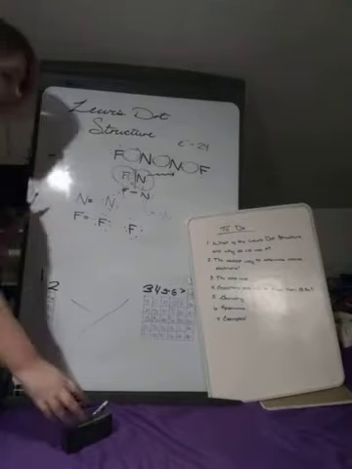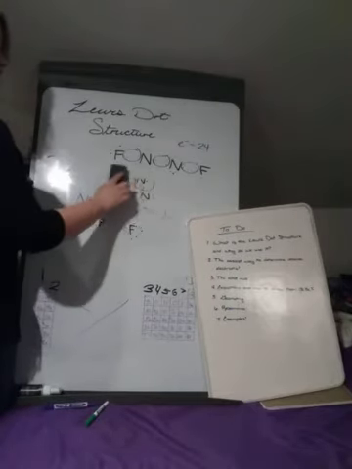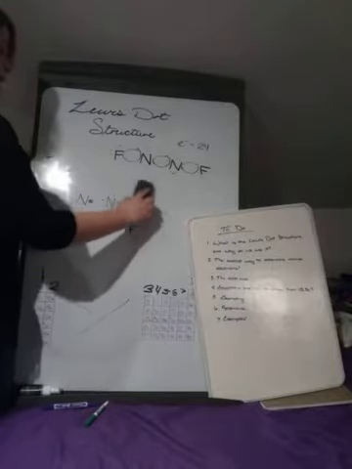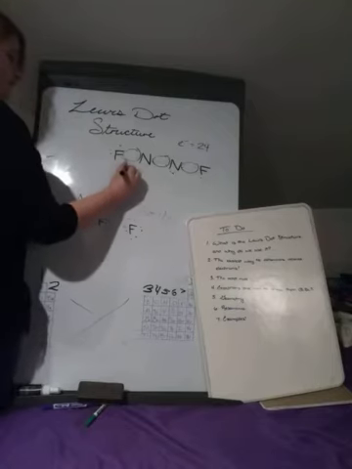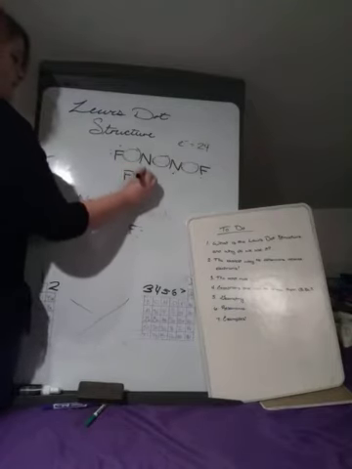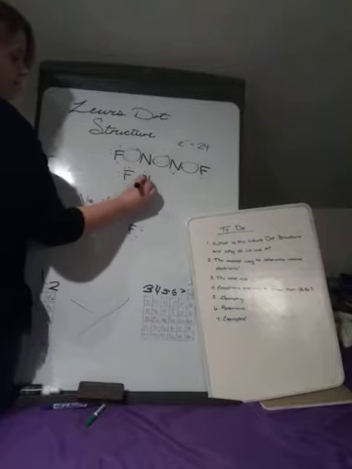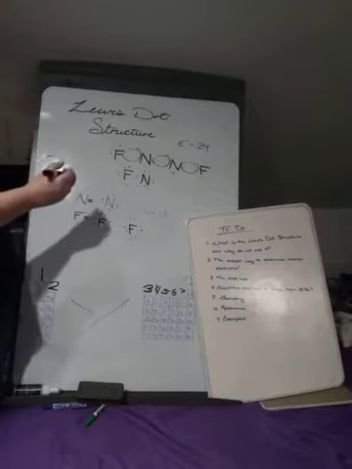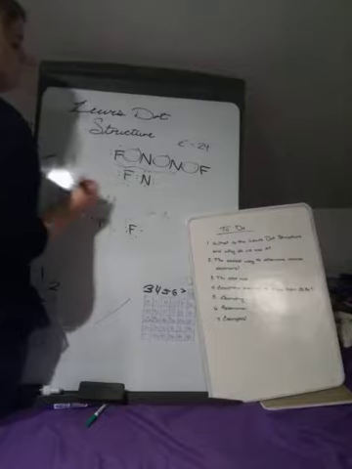Alright, I'm going to erase this so it looks a little nicer. Okay, so I'm going to rewrite it. What do we do next? If I am trying, hold on, let me actually write a line here so that you know the difference.